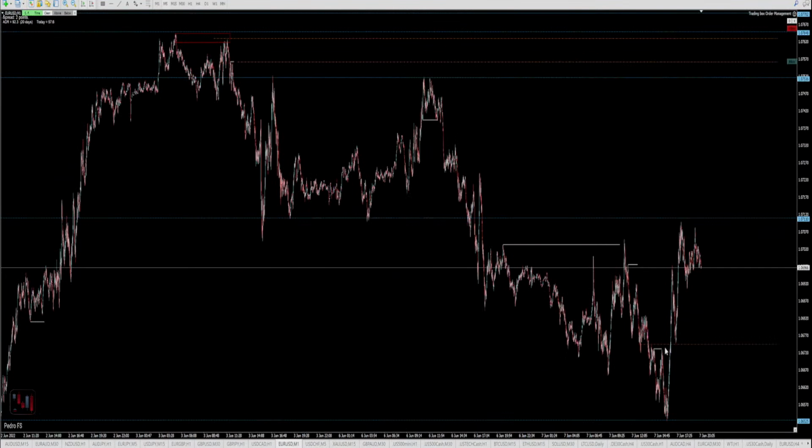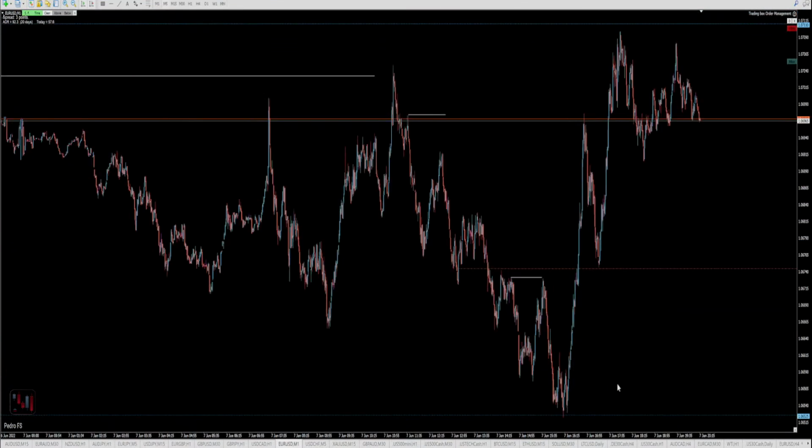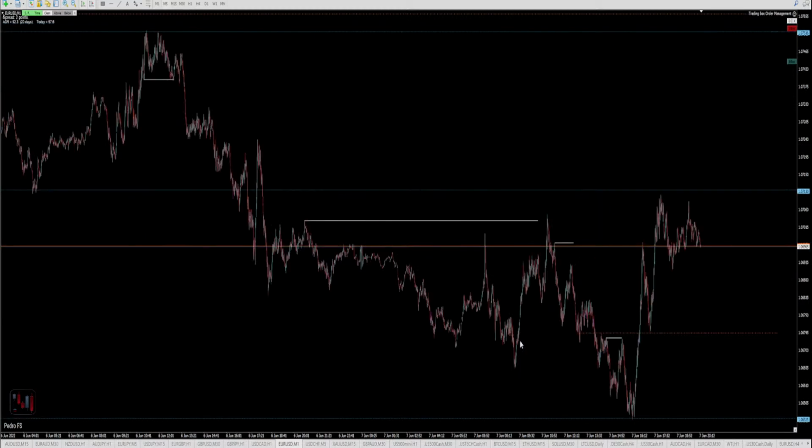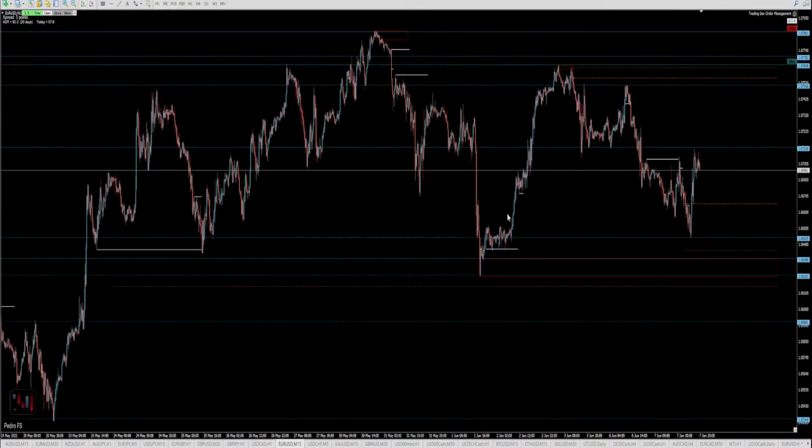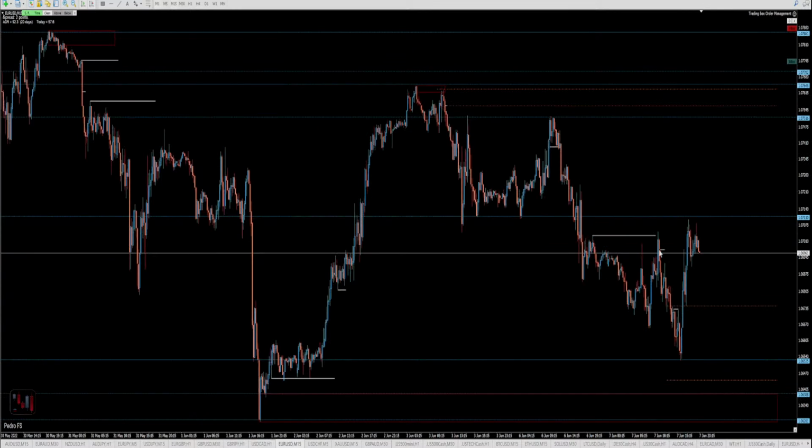So I did try to look for this long in here. Somewhere in here I tried to look for the long. The reason for that, if you take a look, is that we had this break to the upside of this high, and it kind of opened the door for price to go higher.